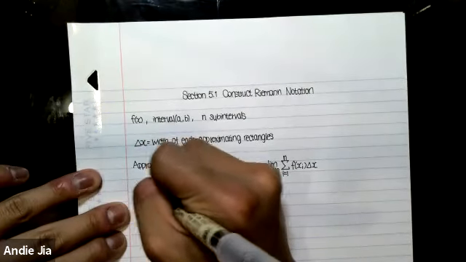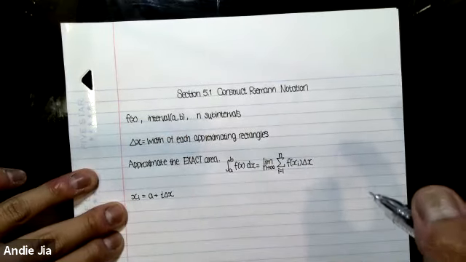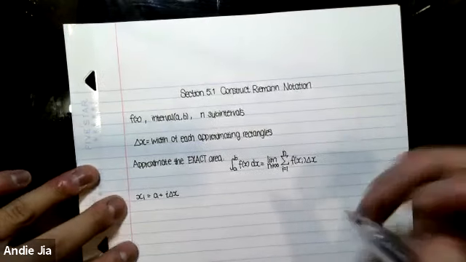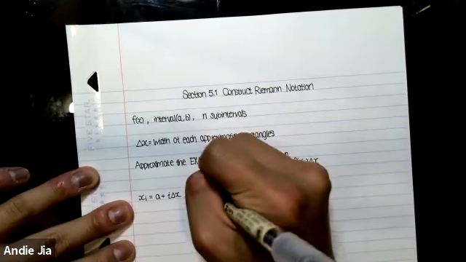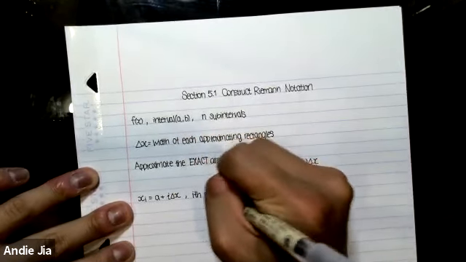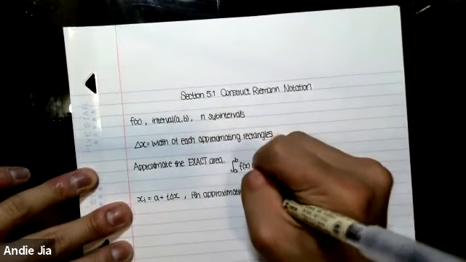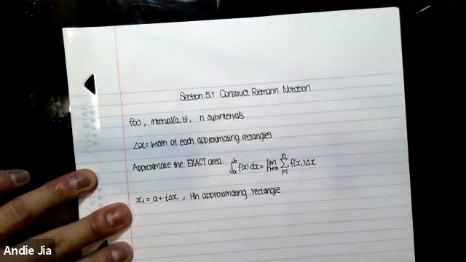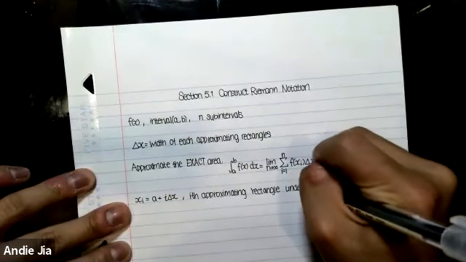It is a plus i times the width. So for example here, it's the ith approximating rectangle under the curve. Perhaps we say f of x.